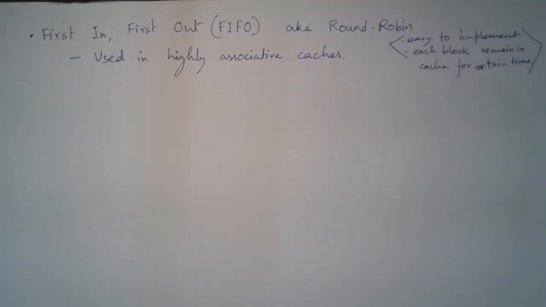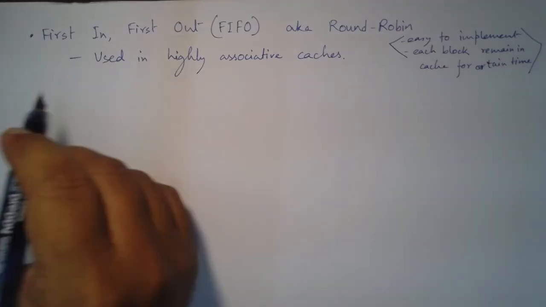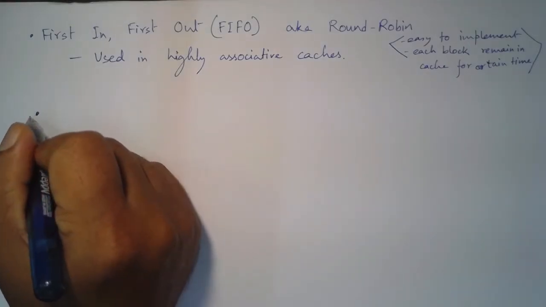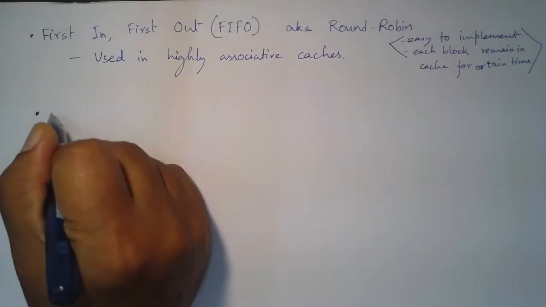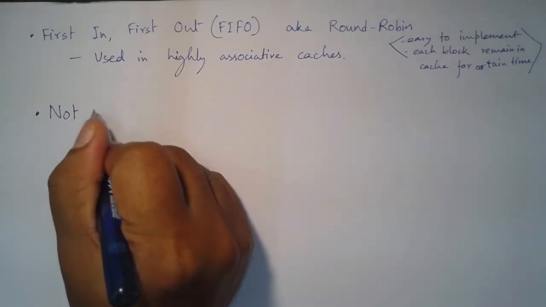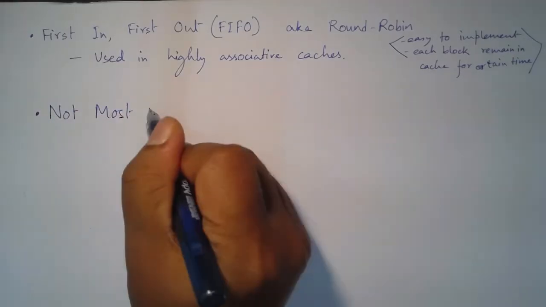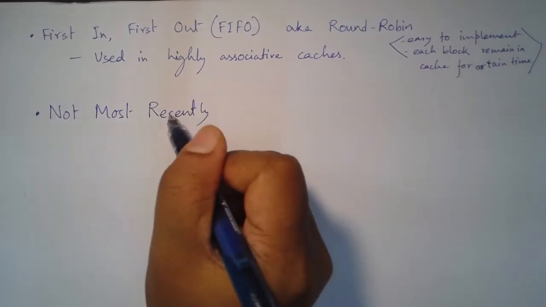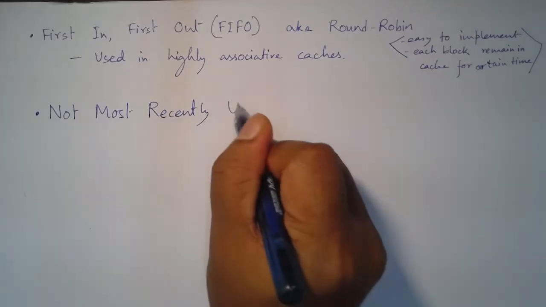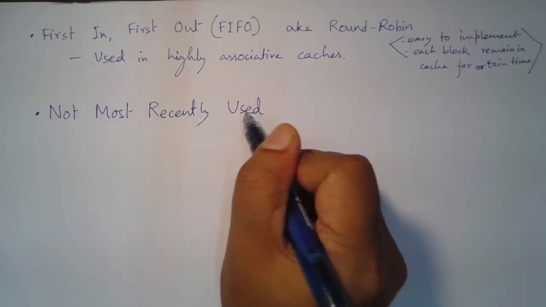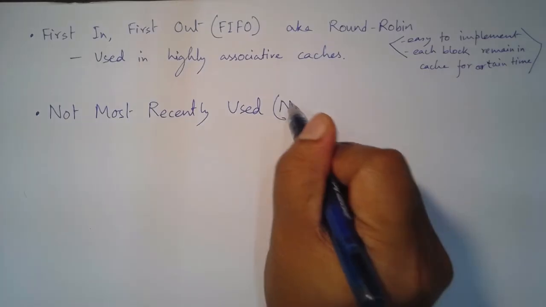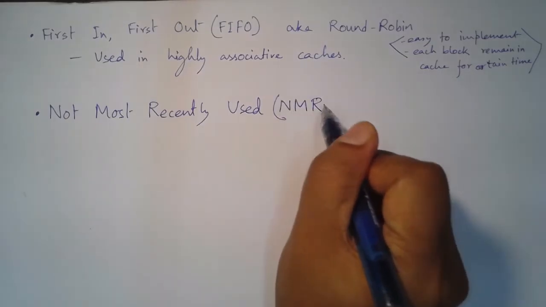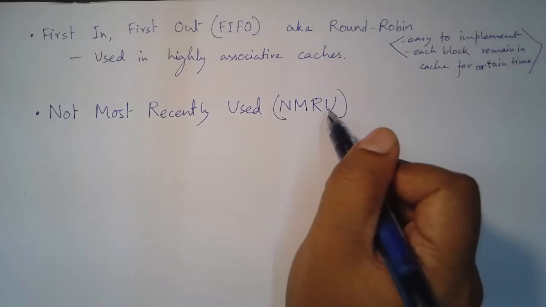Now, finally, the last replacement strategy could be not most recently used. So, this is quite interesting. It is kind of random, but here you can randomly choose any of the blocks to replace, but that block should not be the one which has been most recently used.